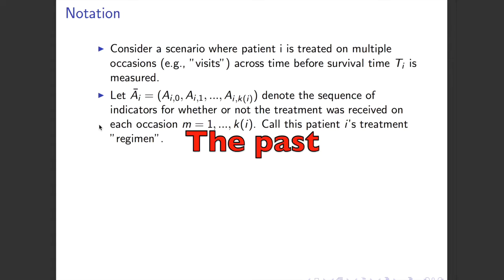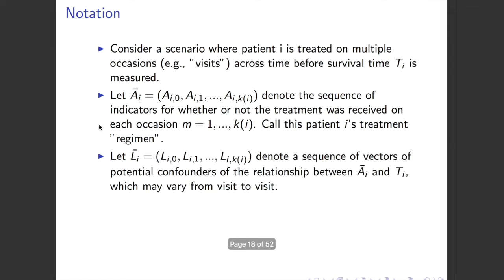The overbar just means the whole sequence from the very beginning, so it's the whole regimen. And the same thing with L. Let L overbar i denote a sequence of vectors of potential confounders of the relationship between A overbar i, your treatment regimen, and outcome T sub i. This may vary from visit to visit.